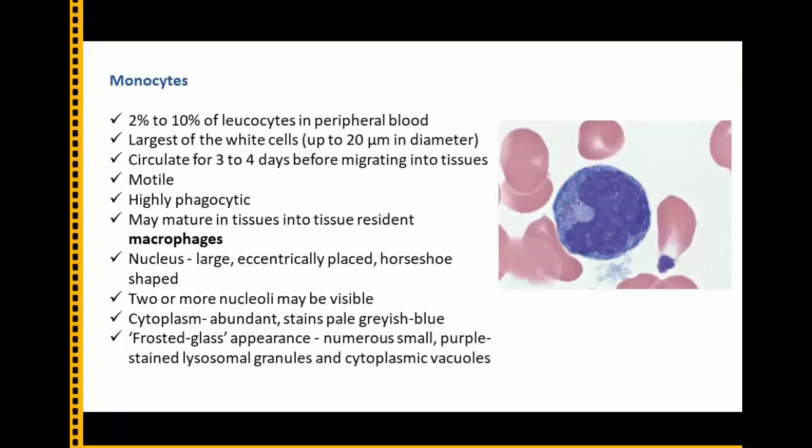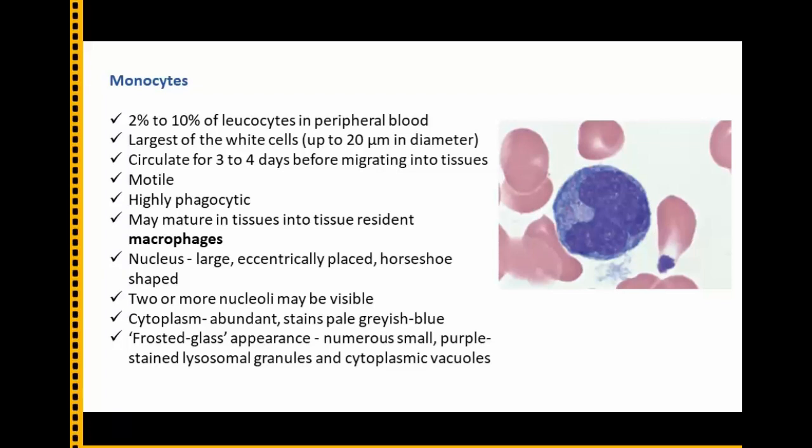The granulocytes are usually non-motile, but monocytes are motile and highly phagocytic. They can go and catch microbes when microbes enter your body. As a response to external toxic agents, these cells actively go and act.